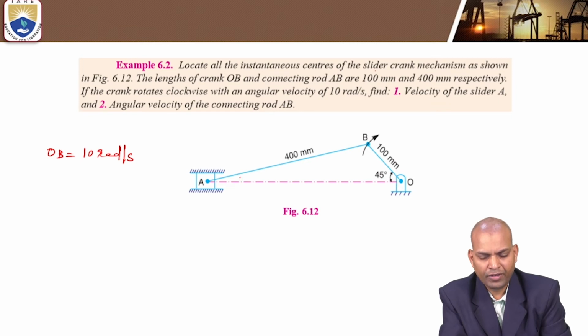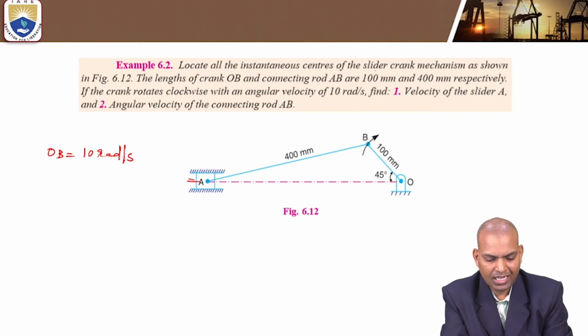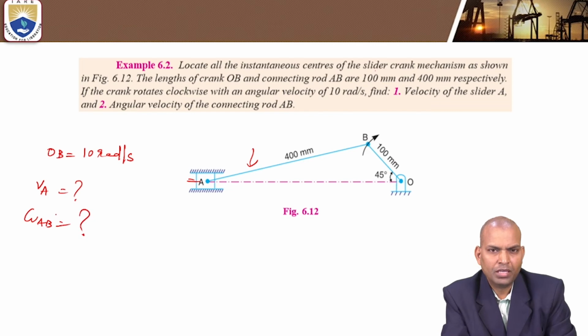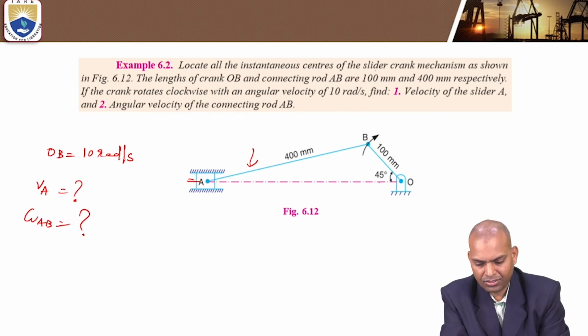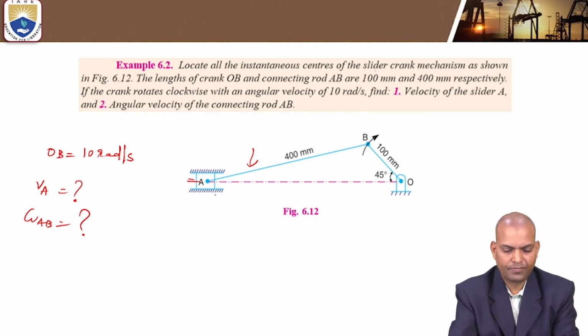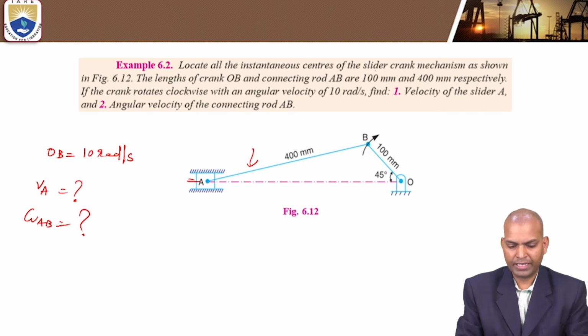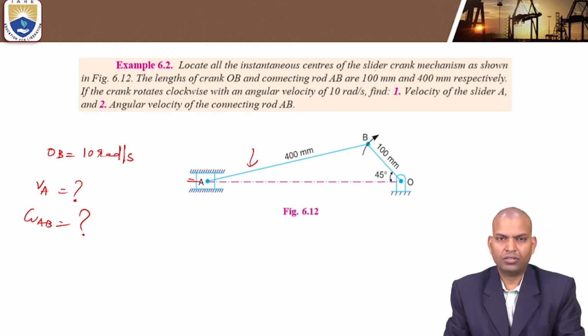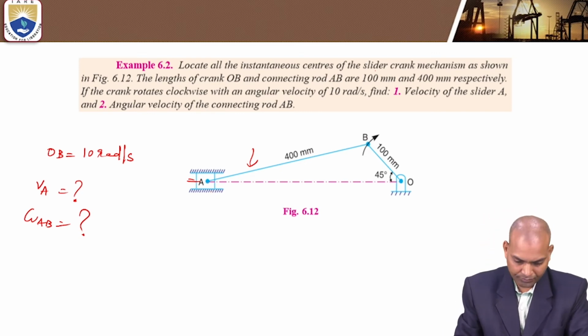Find the velocity of the slider VA and the angular velocity of the connecting rod AB. These two things we have to calculate, and also locate all the I centers of the given mechanism.